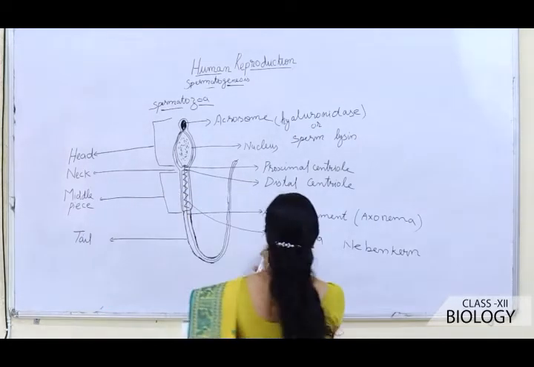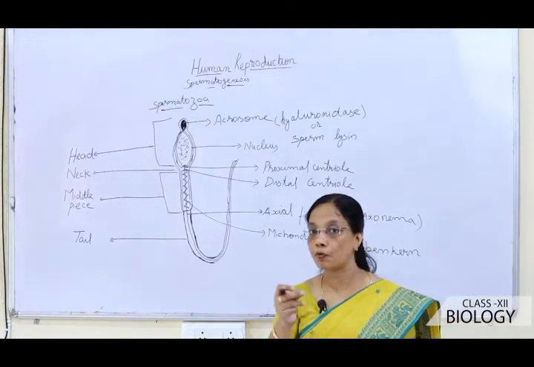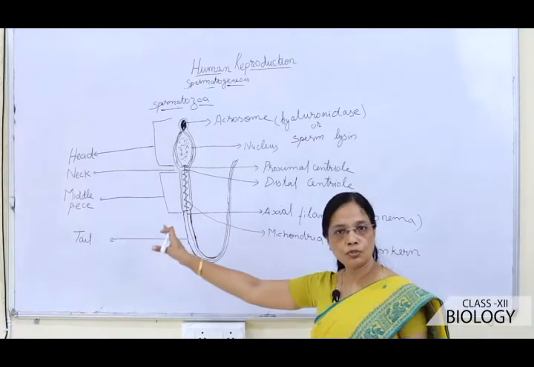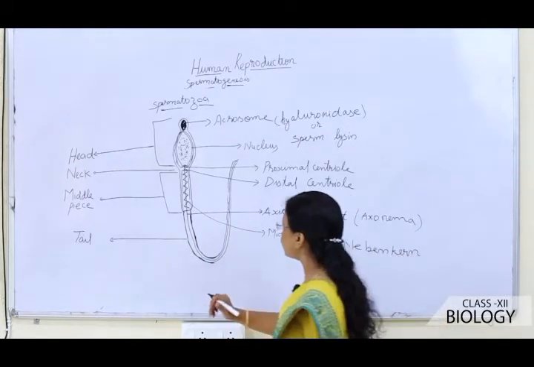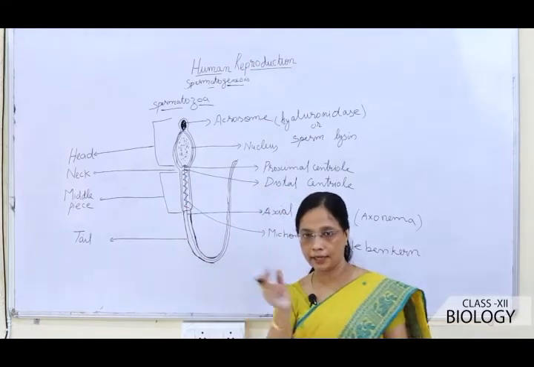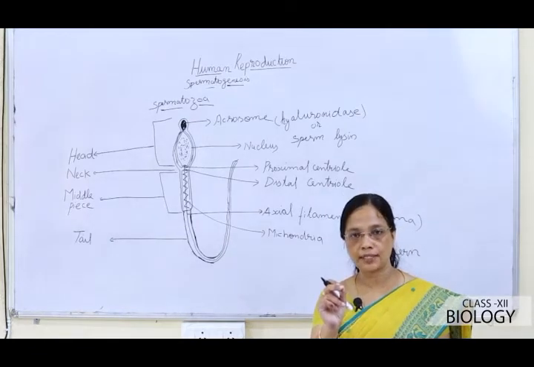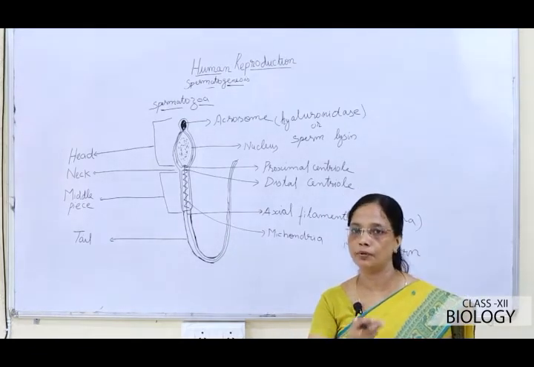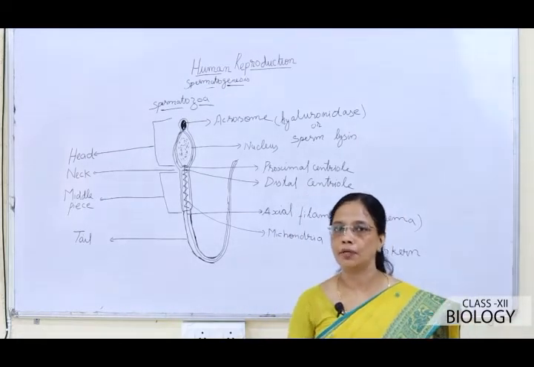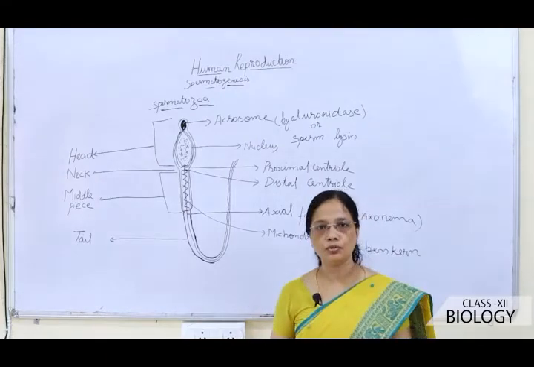Now, what is the role of mitochondria? It is said to be the powerhouse of the cell. That means it provides energy for the motility of the spermatozoa. Again you see, it is spirally coiled around the axial filament, so it gives energy to the axial filament that helps in the motion of the tail. The tail helps to move the spermatozoa. So this is the entire structure of the spermatozoa.